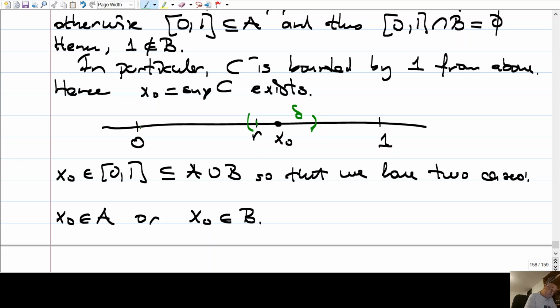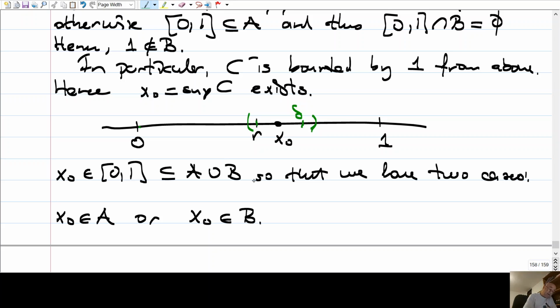So the interval from 0 up to x0 plus something would be also in A. But that's a contradiction. Why is that? Because x0 was the supremum of such points, right? If you go beyond x0, an interval from 0 up to that point cannot lie inside A.